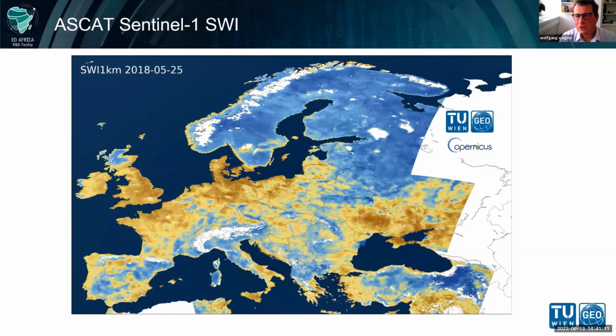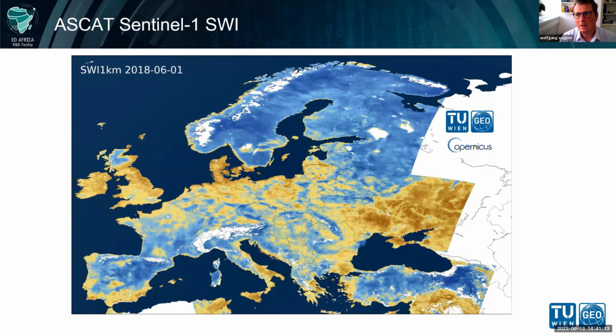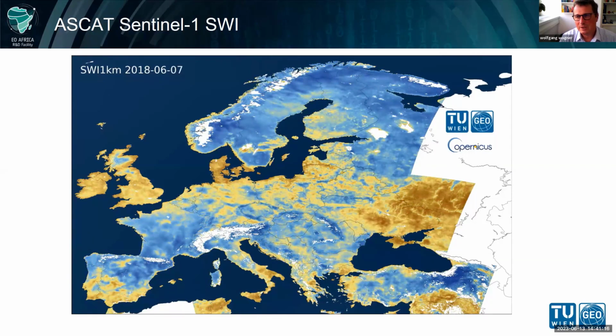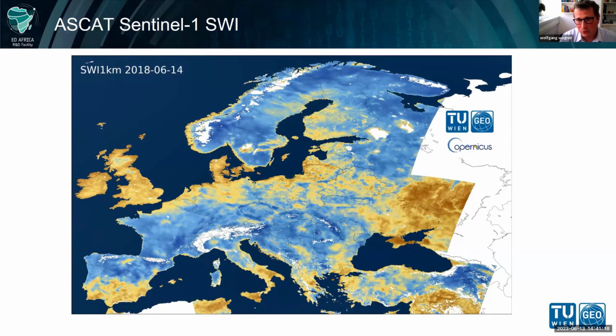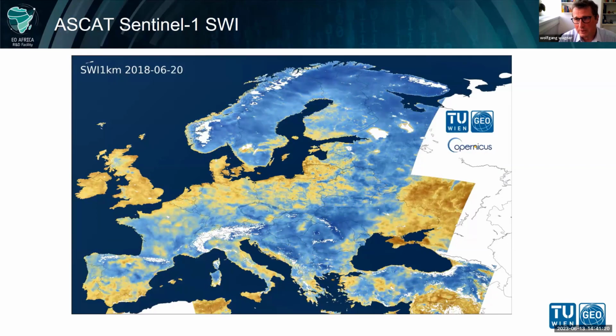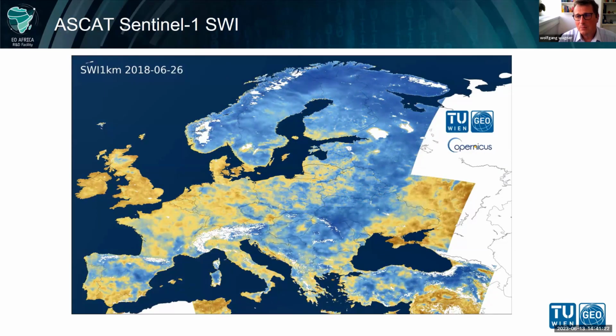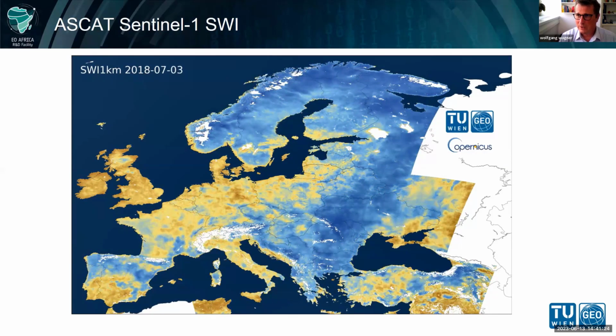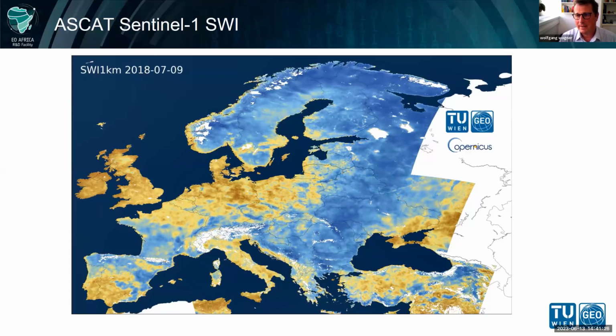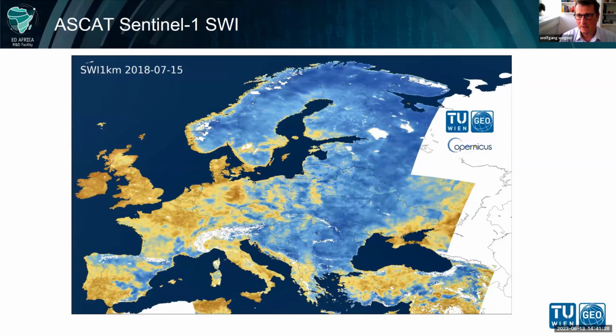So you have much less missing values than you would have with Sentinel-1. And when you're looking at it, there's also a lot of spatial details in the product. But again, be careful: because we combine ASCAT data and Sentinel-1 data, you cannot expect that it has the same spatial resolution as using Sentinel-1 alone.